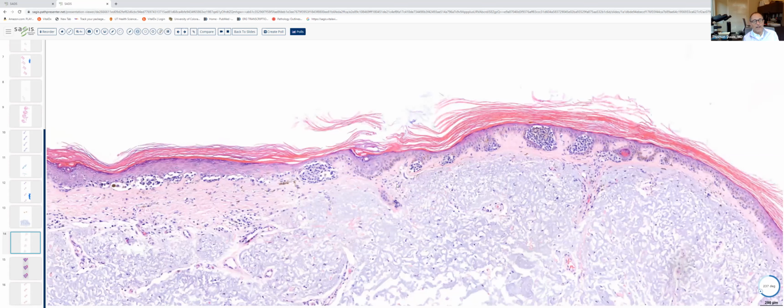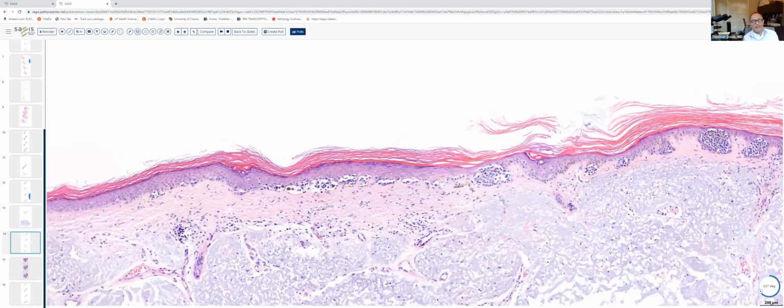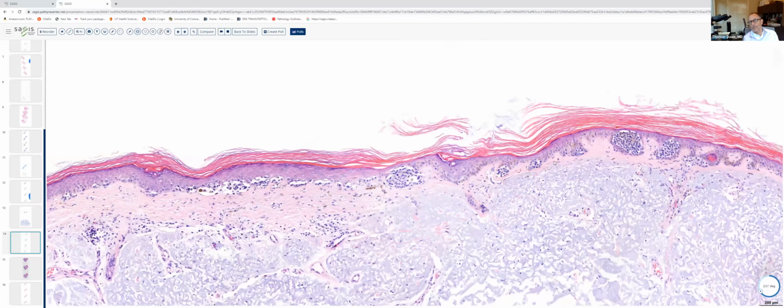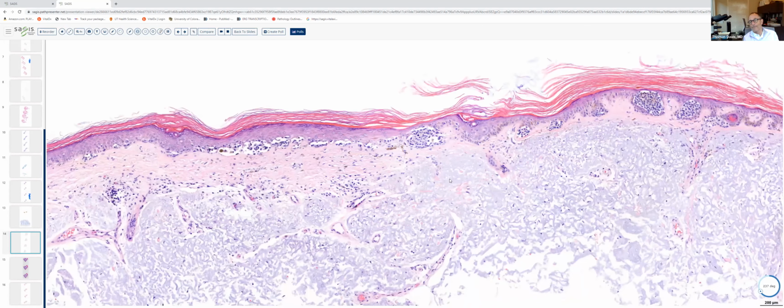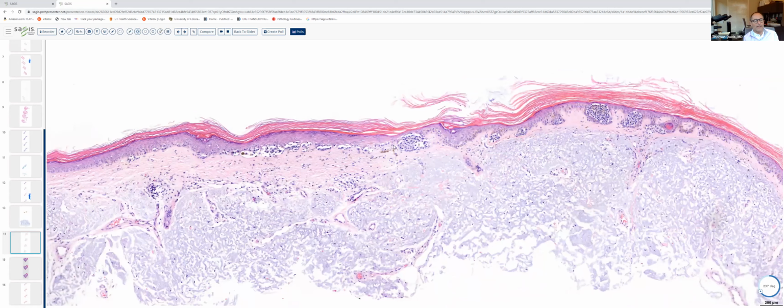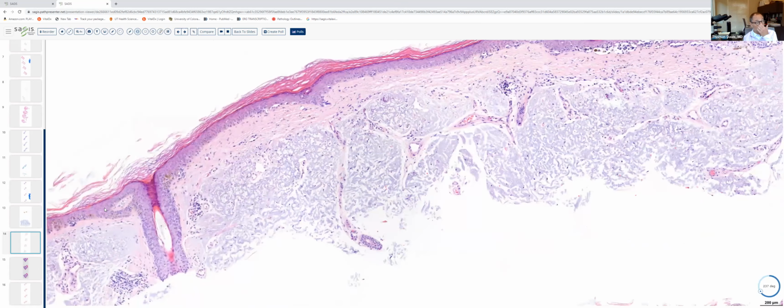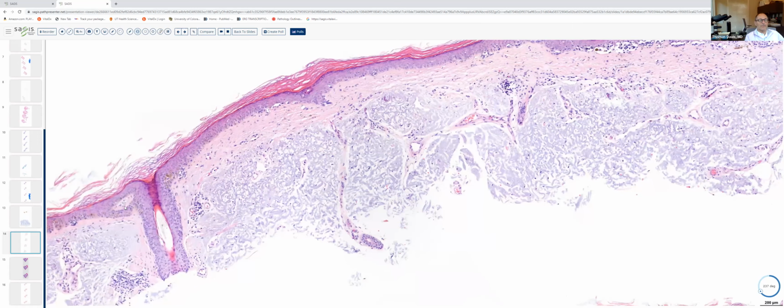In many foci, solitary units of melanocytes predominate over nests, and the nests of melanocytes that are present are not equidistant from one another. Anytime one sees a broad junctional melanocytic lesion on sun-damaged skin, really your starting point should be melanoma in situ.